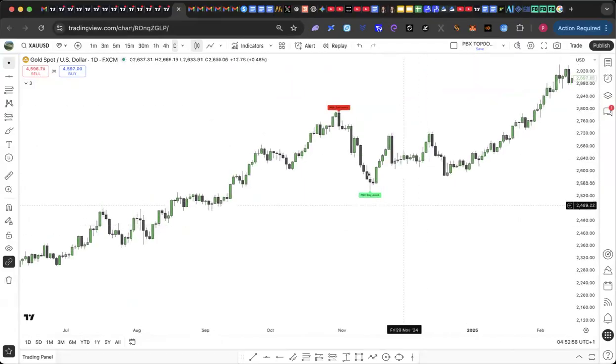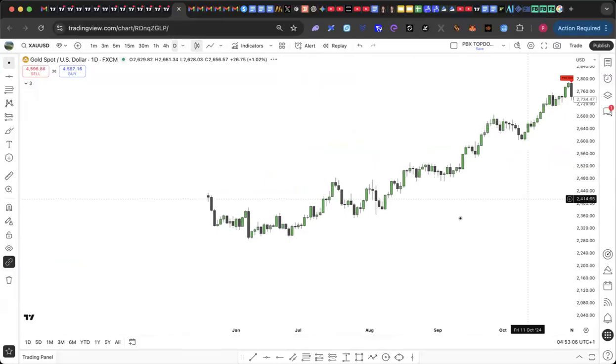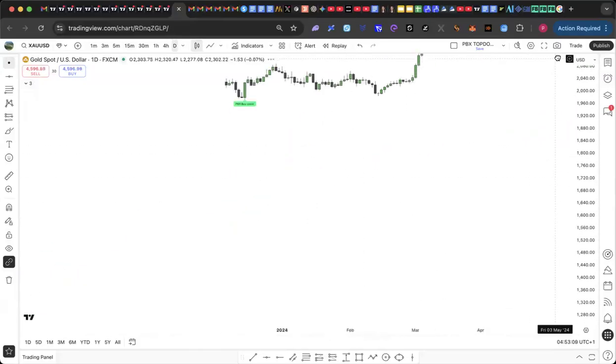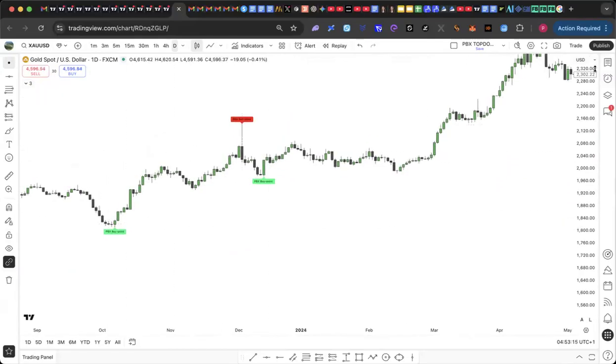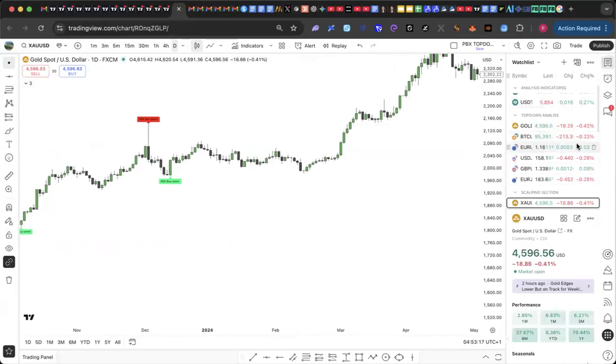Can you see now? This is the last buy, the sell, the last buy. That was since 2024. So you will just tell yourself, oh my goodness, imagine I have access to this. Look at it. The same thing if you go to Bitcoin. I'm just showing you this is a very powerful tool that everyone actually needs.